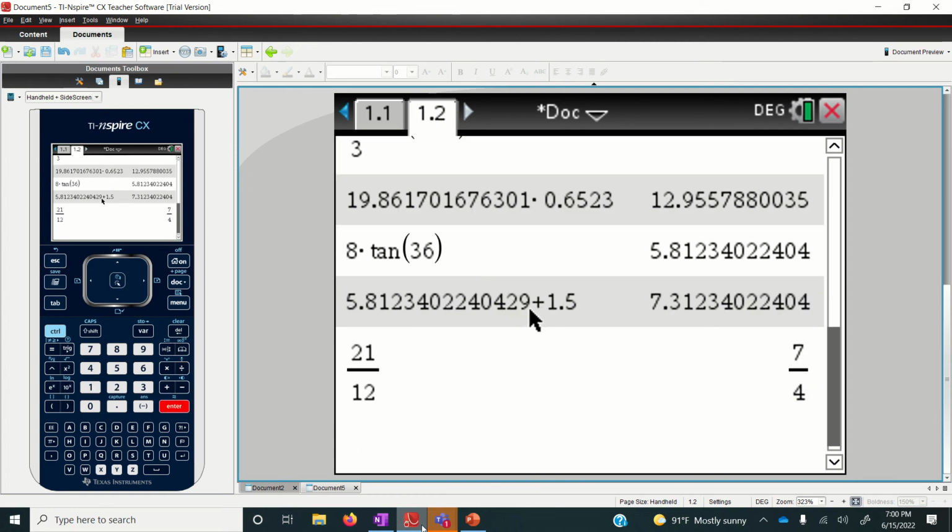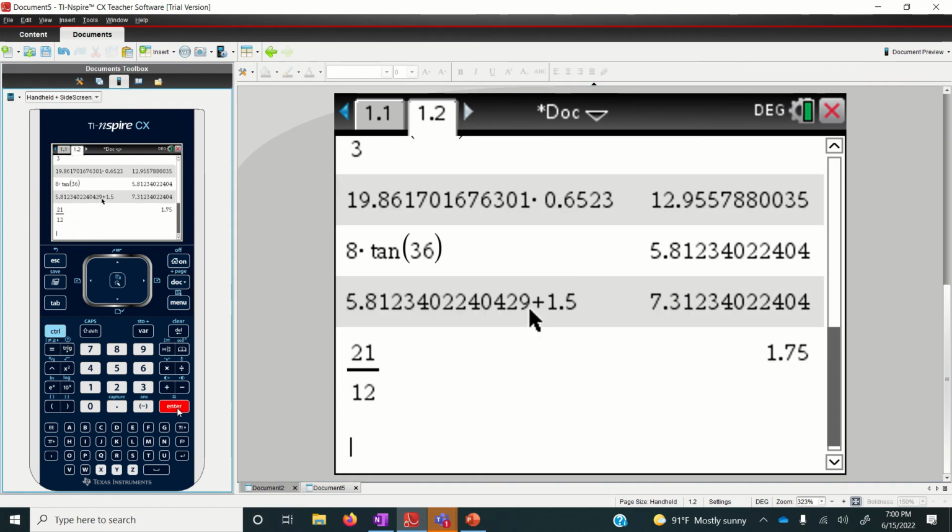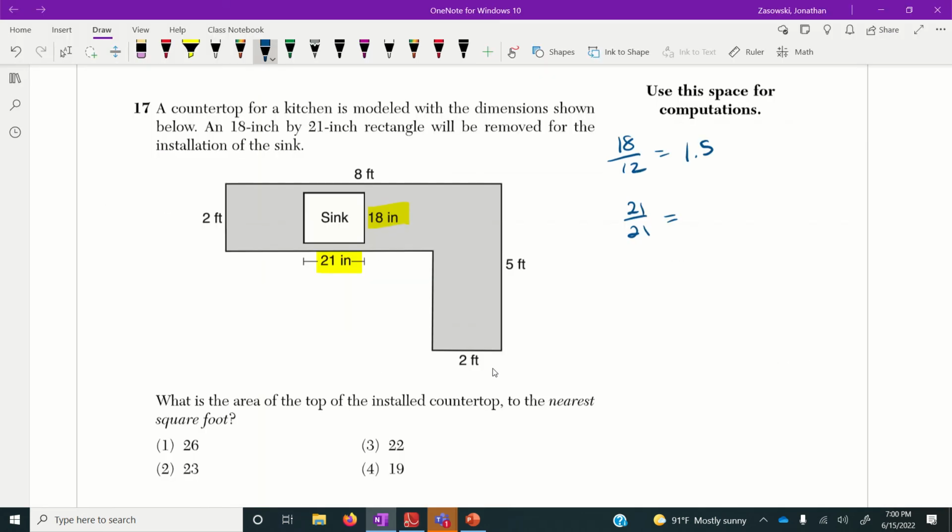Now it's 7/4, but if we, instead of hitting enter, hit control enter, it'll give us a decimal if it can, and it's 1.75. So we'll use that instead. And this is in feet. Okay, so the countertop is modeled below. We know that this side is 1.5, that this side is 1.75.